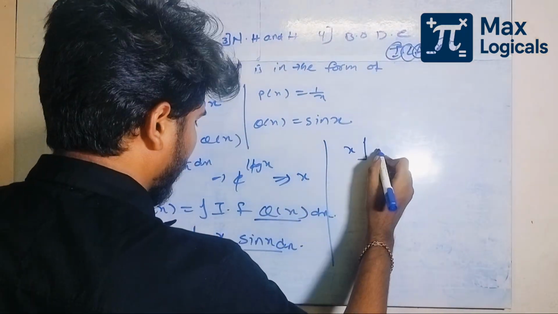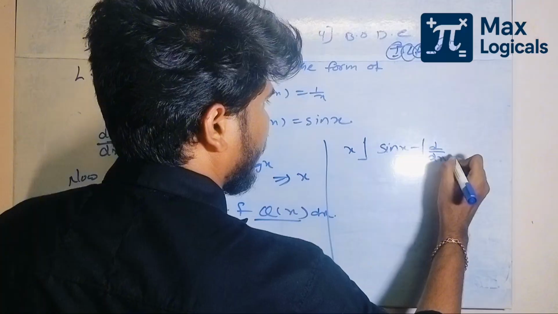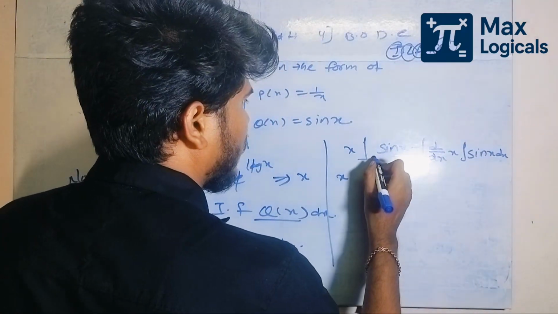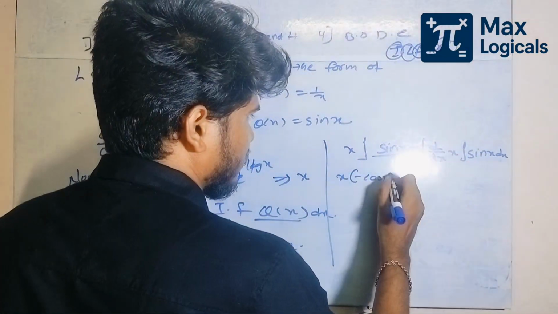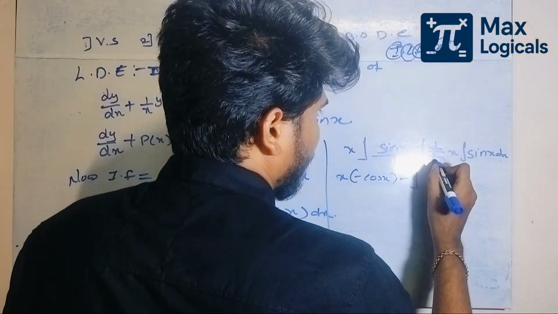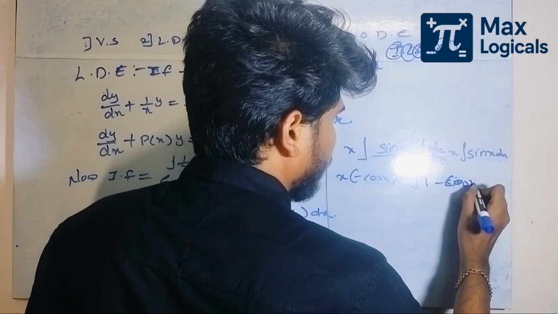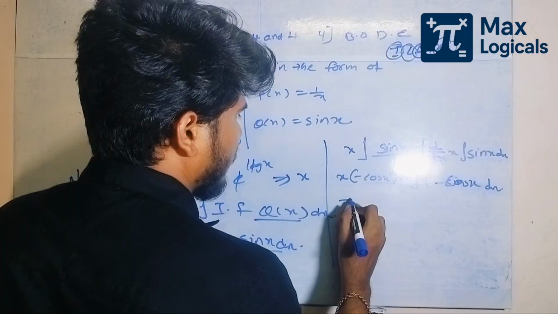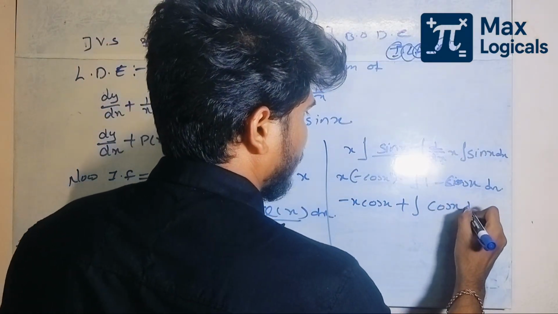x integral sin x minus integral of the differentiation of x into integral sin x dx. The integration of sin x is minus cos x, so this is minus x cos x plus integral cos x dx.